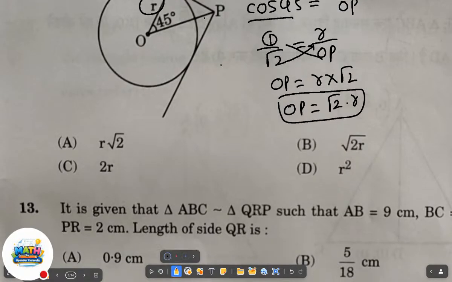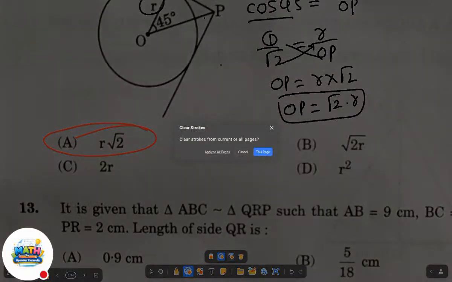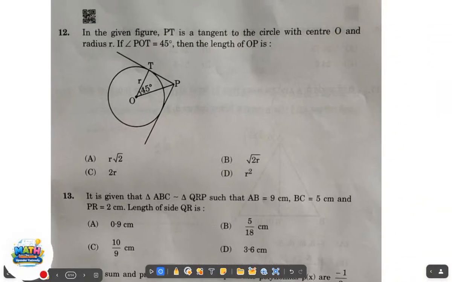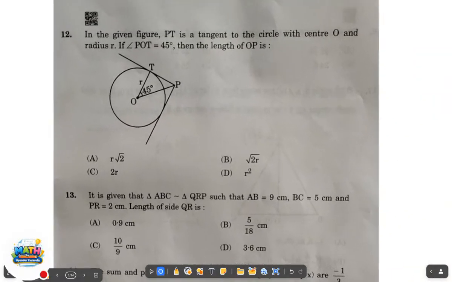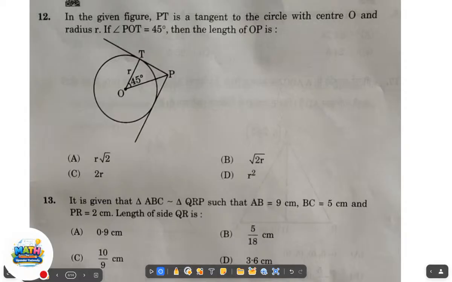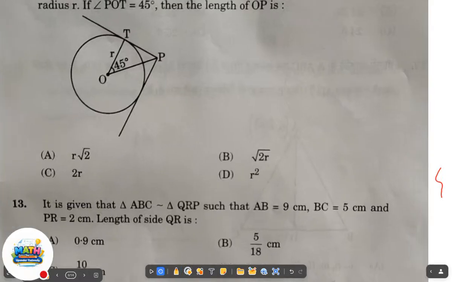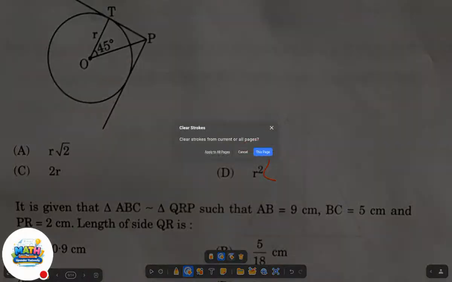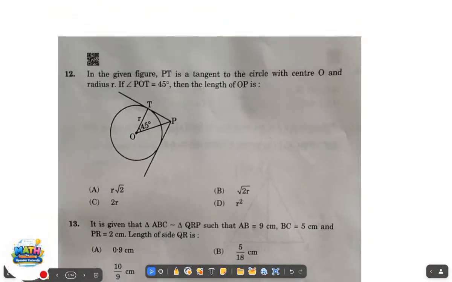Yes, root 2 r. So option A is the right answer.